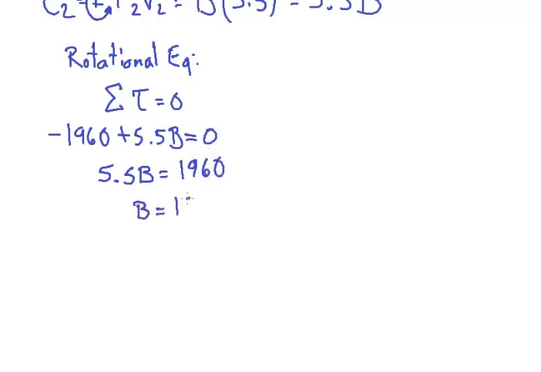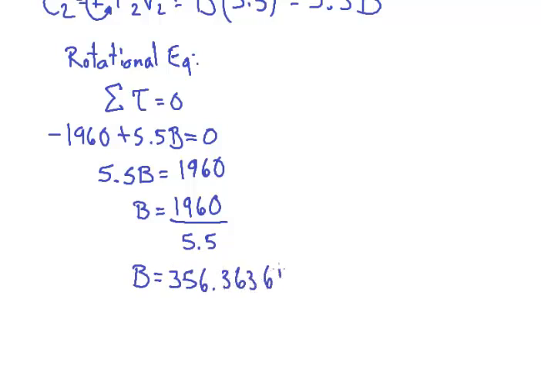B equals 1960 divided by 5.5. And that will give me an answer for B of 356.36 newtons. So I found B.